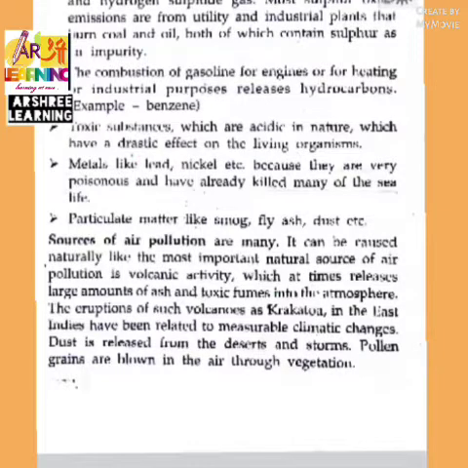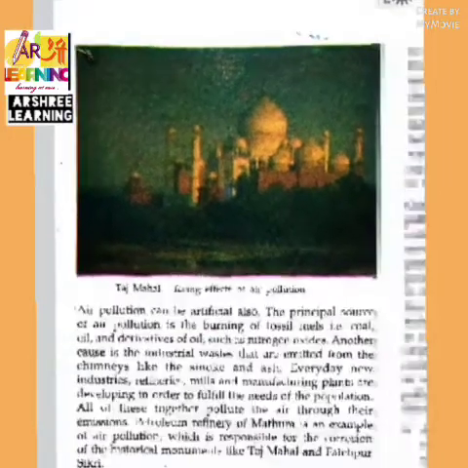These are toxic and poisonous, and eruptions like the Krakatoa volcano in the East Indies are related to measurable climatic changes. The dust released from deserts and storms is also an example of natural pollution. Then the production of pollen grains is also an example of pollution caused by nature.